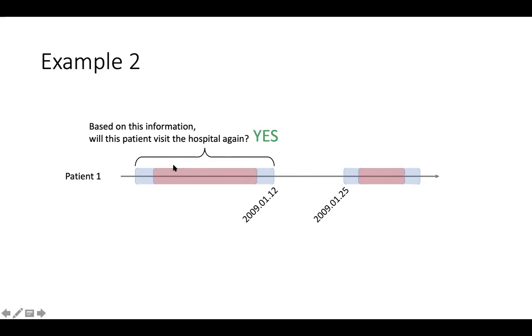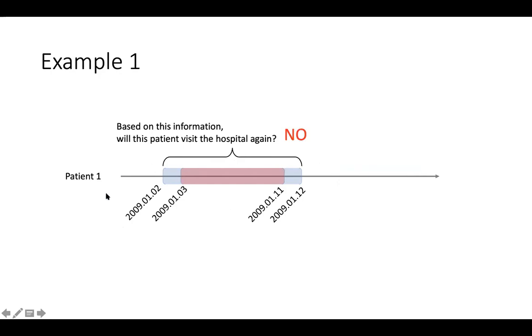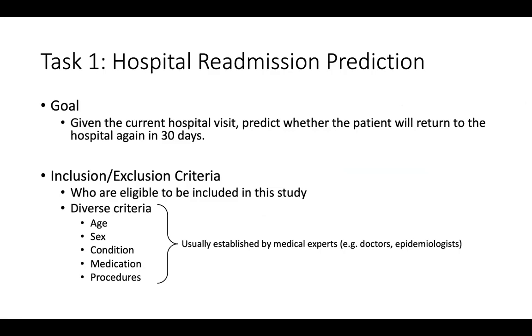In both cases, we're going to use this entire record as our feature, or the X, because what we're trying to predict is Y, whether this patient ends up back in the hospital within 30 days or not.